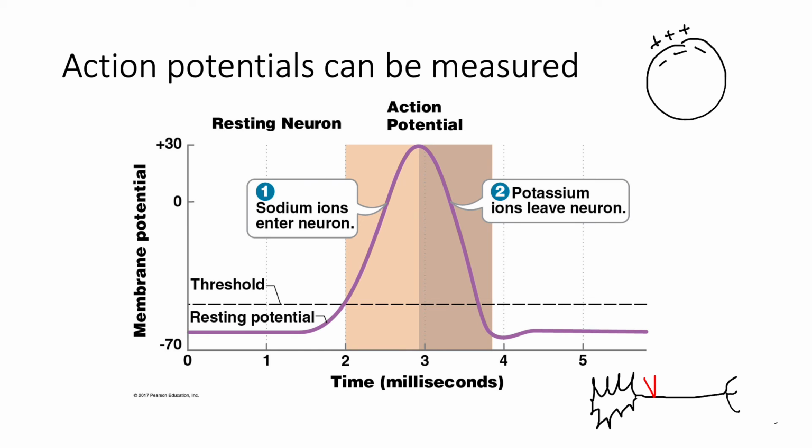that exists inside the cell. At rest, because the inside of our cell is negative, we have what is called a resting potential. The potential is just a term for electrical conductivity, and in this case, we are at a negative potential. We are at rest, the inside of our cell is relatively negative.